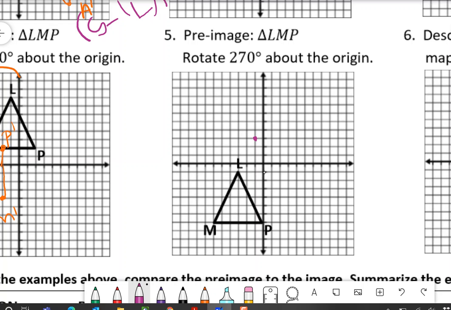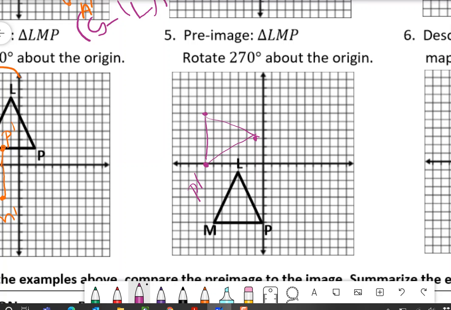Over 3. Over 3. 1, 2, 3, 4, 5, 6, 7. 3, 4. Here's P prime. And then M prime. 1, 2, 3, 4, 5, 6. We're going to be out 6 over here. 2, 4, 6. This is what your sketch should look like when you sketch it out.